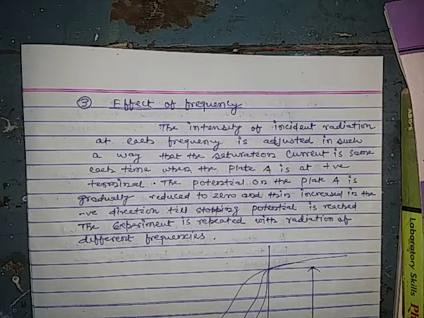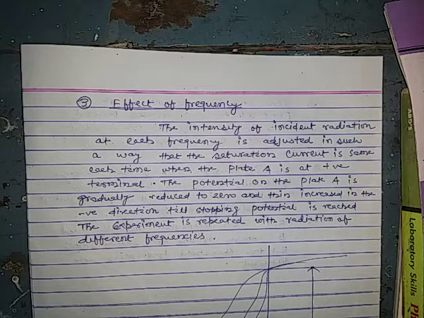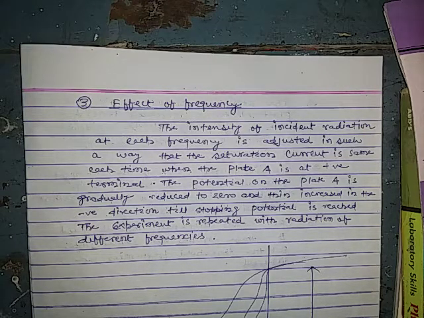Now, the intensity of incident radiation at each frequency is adjusted in such a way that the saturation current is the same each time when the plate A is at positive terminal.